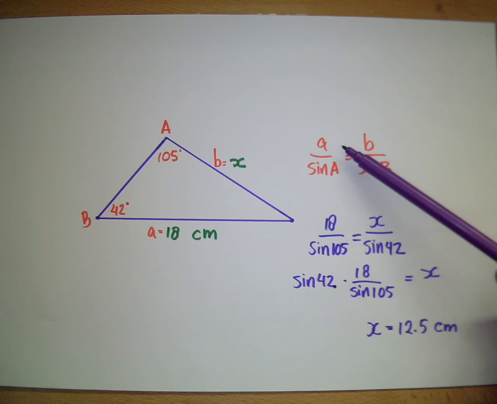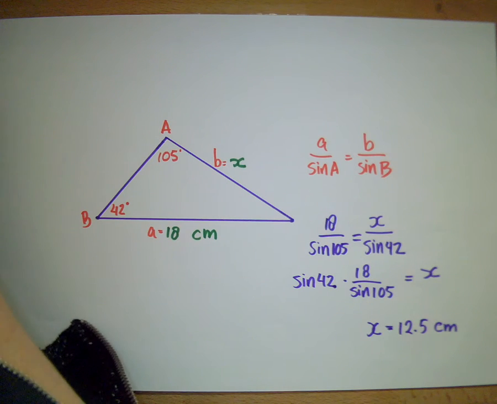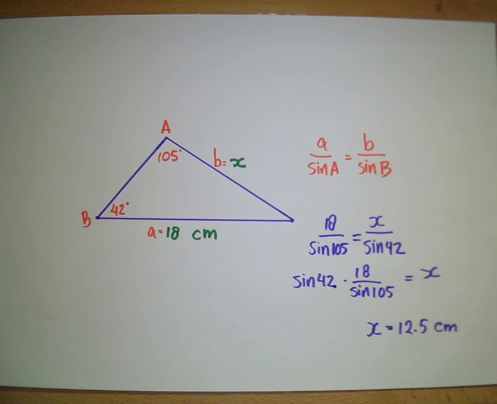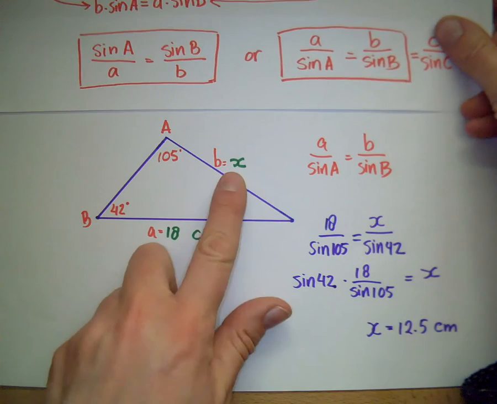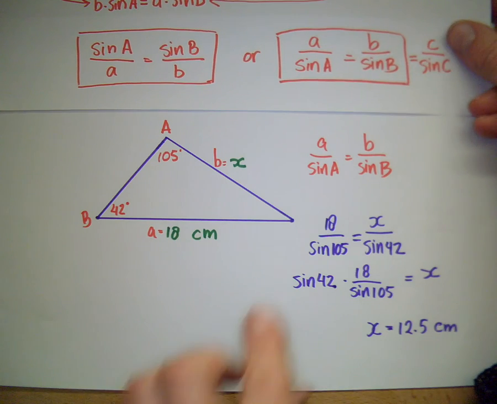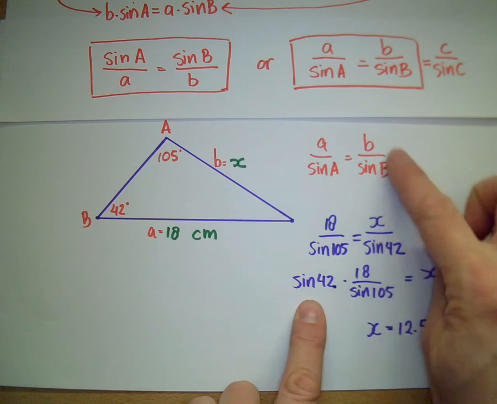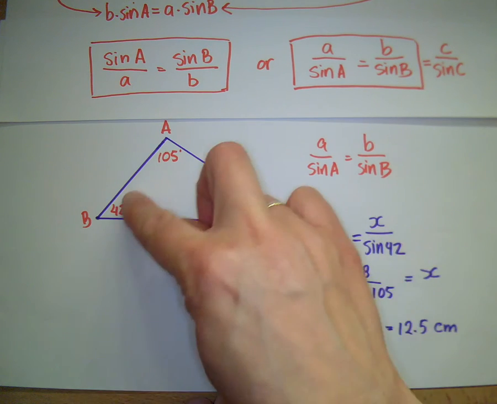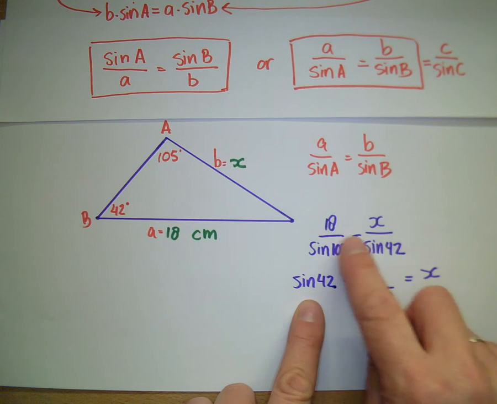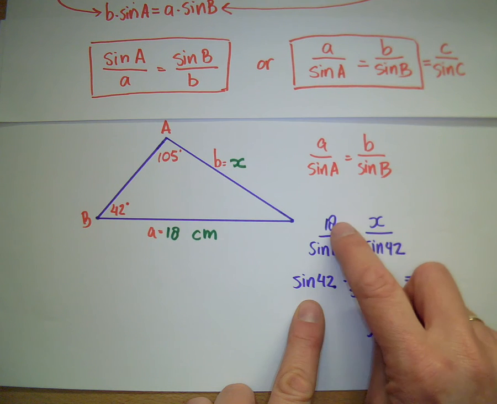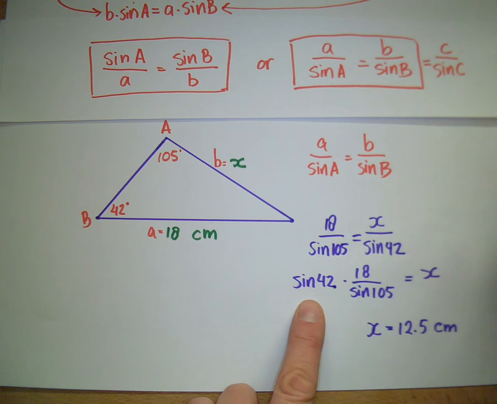So we were trying to find the length of a side, so we used this form of the equation, which I copied down here, plugged in the numbers, the angles, and the lengths of sides that we knew, and solved for x.